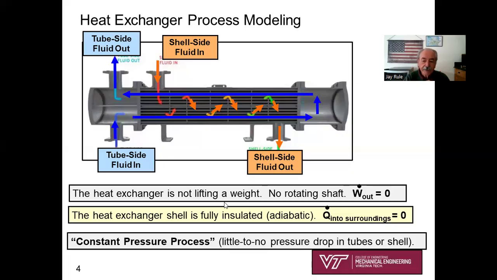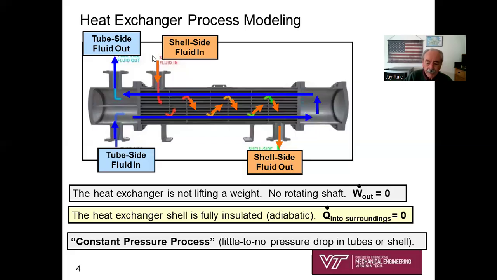Another detail that's not brought up much in the textbook at all, but they just ask you to believe it, is that the tube side inlet and outlet pressure is about the same. In other words, on the tube side, the pressure loss from in to out is negligible. No pressure loss, no pressure drop on the tube side.